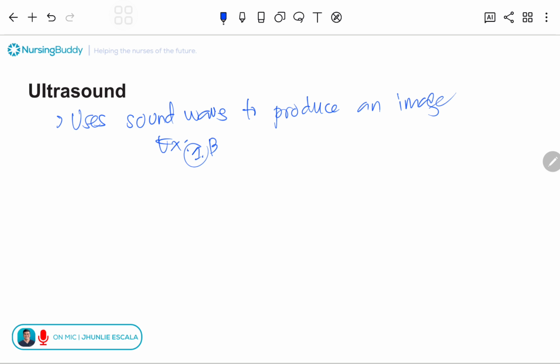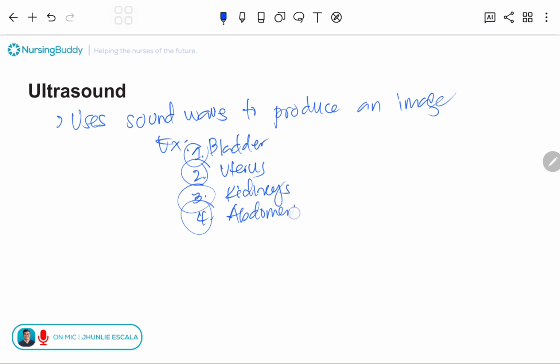Okay, so we have your bladder. Okay, number 1, bladder. Okay, your uterus. Okay, that's being done in your OB cases. Kidneys. That's why we have your KUB. Okay, kidneys. And also, kapatid, you have your number 4, your abdomen.